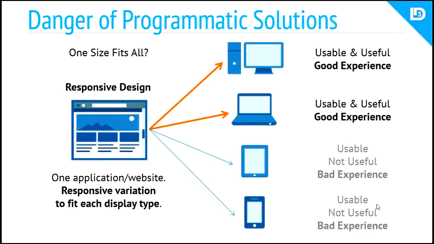Responsive design, though, as I'm trying to show here, doesn't really resolve that problem. I still have my initial site, which is both useful and usable on its initial device targets. And I may now have usable versions on the tablet and the mobile phone. But because it doesn't acknowledge the reasons why I'm using that application in that situation on that device, it becomes not useful.